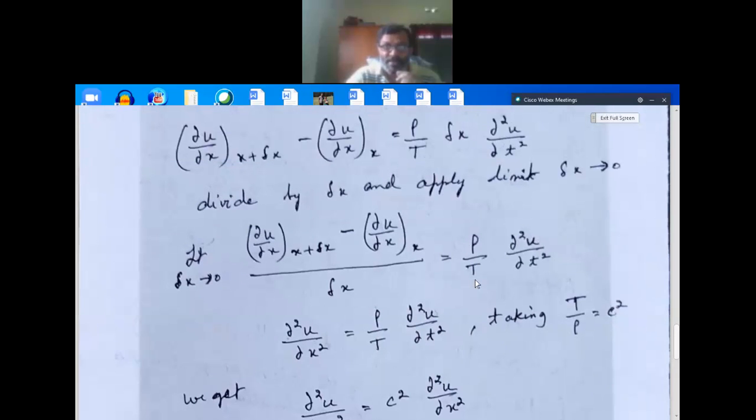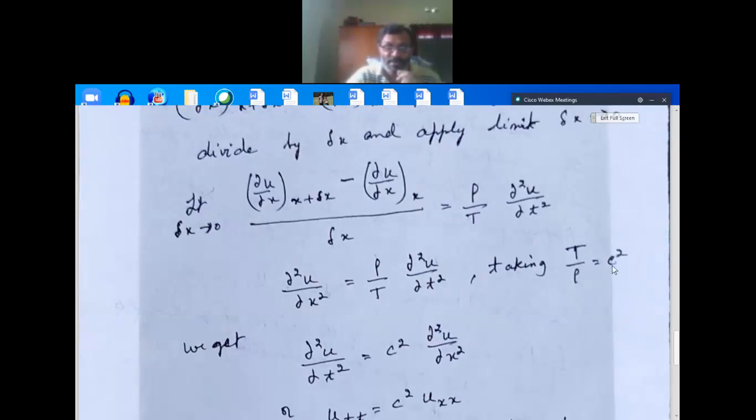Now we take t by rho as c squared. So, cross multiplied, dou squared u by dou t squared equals t by rho into dou squared u by dou x squared.